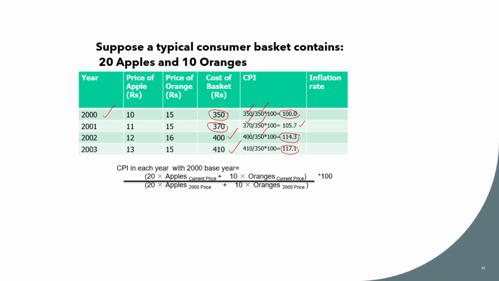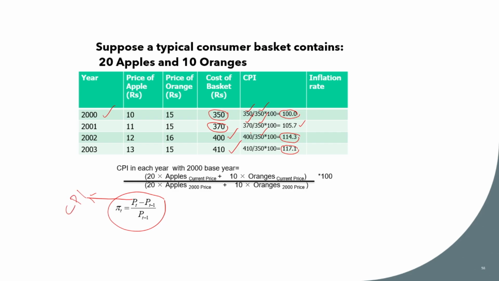So from this, how do we calculate inflation? Here you need to recall the formula for calculating inflation. This one is the price index of the current year divided by the previous year's price index. Here this P is nothing but the CPI in the respective year.